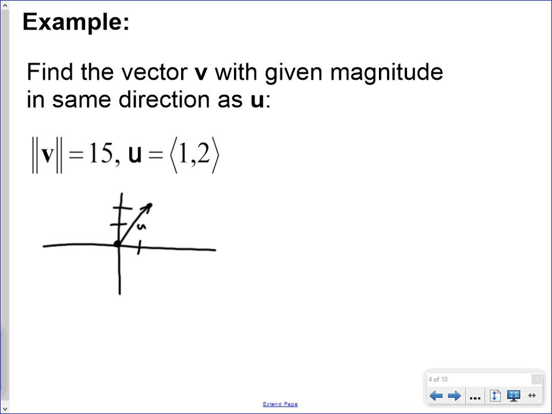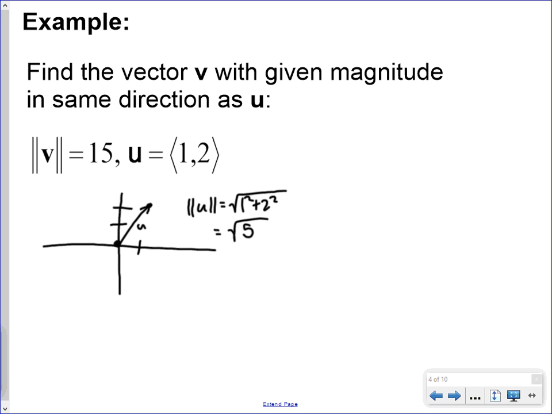No, definitely not. If we calculate the magnitude of vector u, we do the square root of 1 squared plus 2 squared. Think about the right triangle that's formed right there, which is the square root of 5. That is not the magnitude that we want.